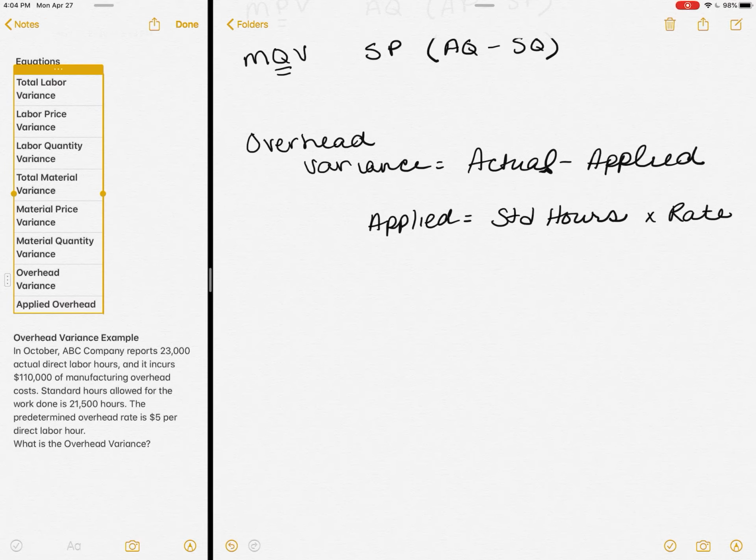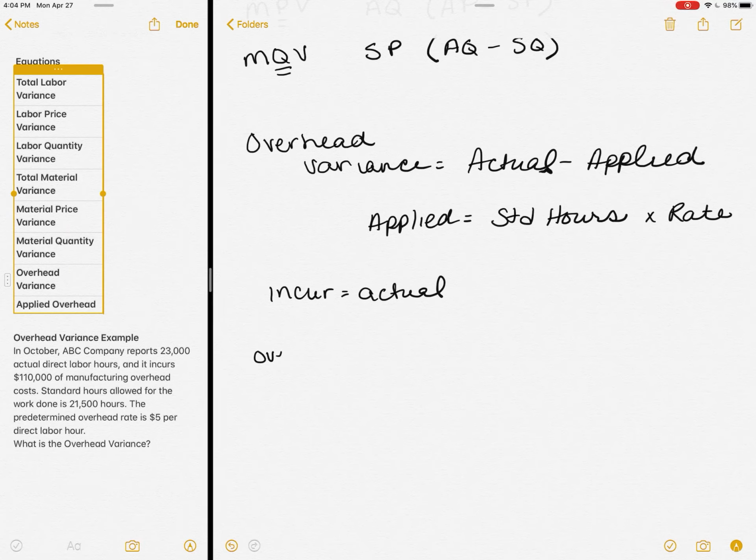So let's start there. Here's an example. It gives you, they report 23,000 actual direct labor hours. It incurred $110,000. Remember, incurred is actual. So they just gave you what your actual figure is.